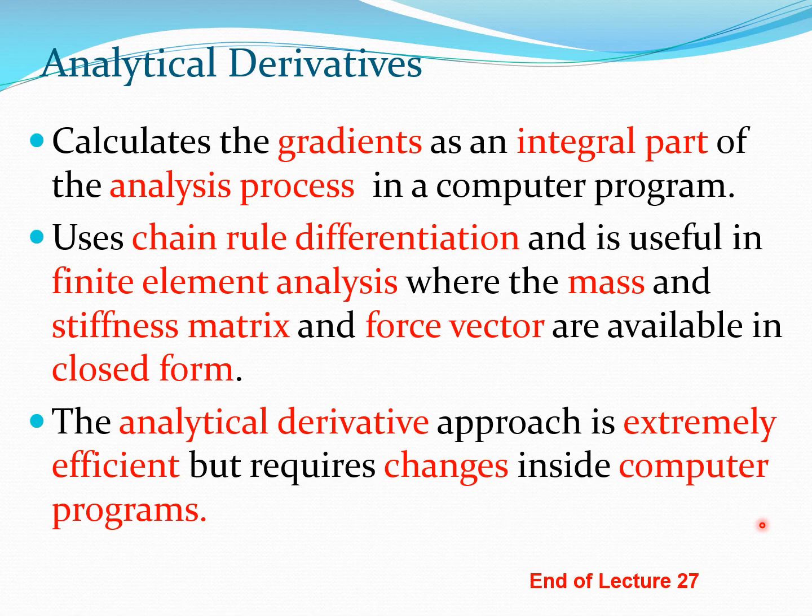Now a similar method, but which requires more work from the person doing this process, is to calculate the gradients as an integral part of the computer program. When you typically create a computer program for solving any physical system, you have certain lines of code generating, for example, the mass and stiffness matrix for a structural system.